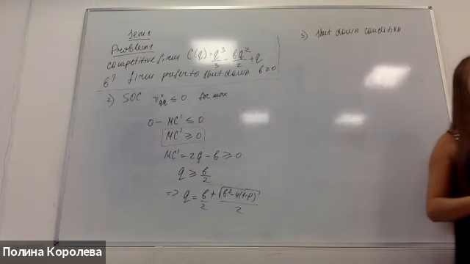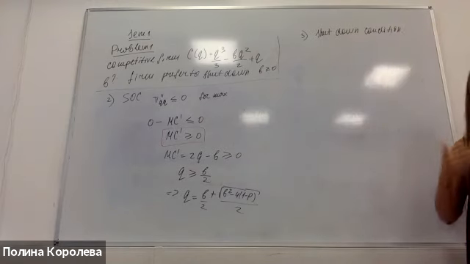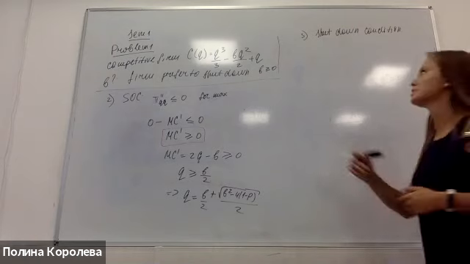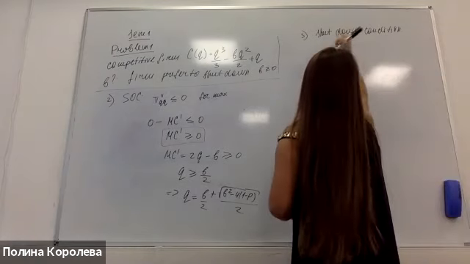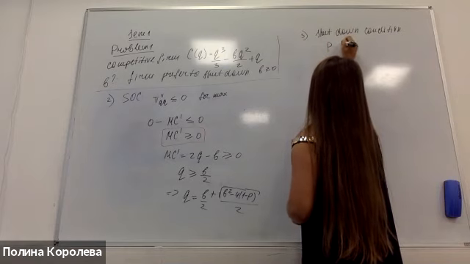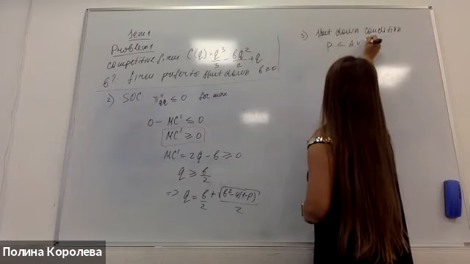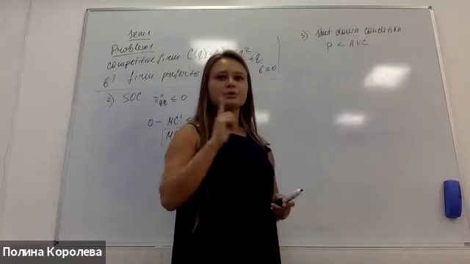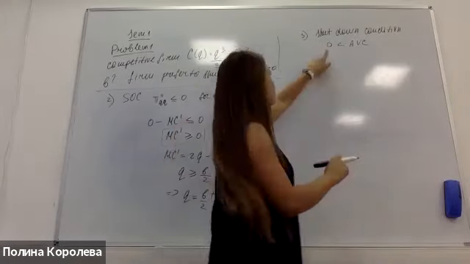Every firm in every market should ask herself: should I produce something, or should I leave the market and not produce anything? We know this. To shut down, price should be less than average variable cost. What do we know for perfect competition from the first order condition?